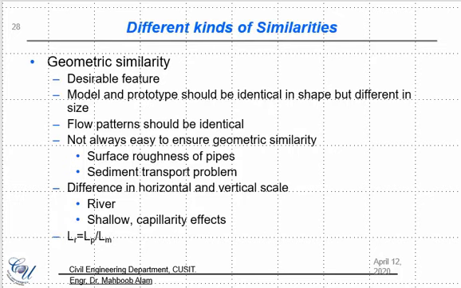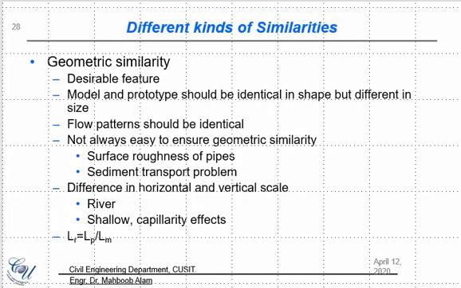You see the surface tension, for example, or the surface roughness of pipes. If you reduce your pipes too much, there would be unnecessary forces that we would be generating which are not present in the prototype. So it's not always easy to just say that okay, reduce the size 10 times or 100 times.